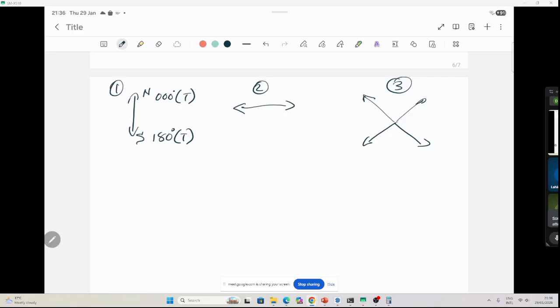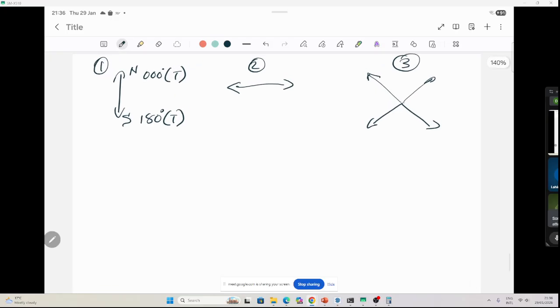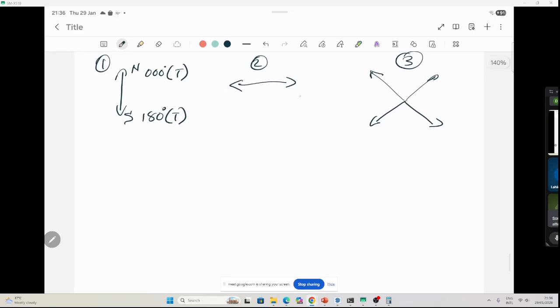In the second type, going along a latitude, moving easterly or westerly, what could the course be here? The course here would be, going towards east, how much? 090 degrees true.